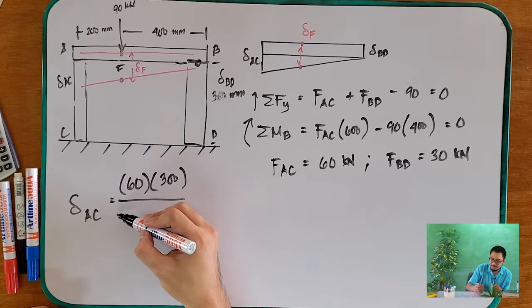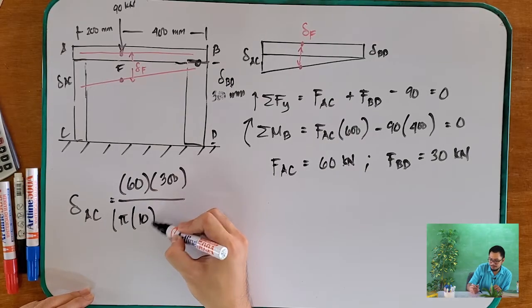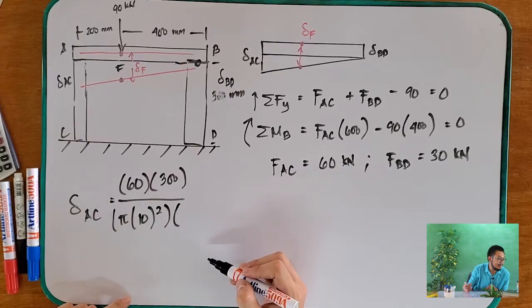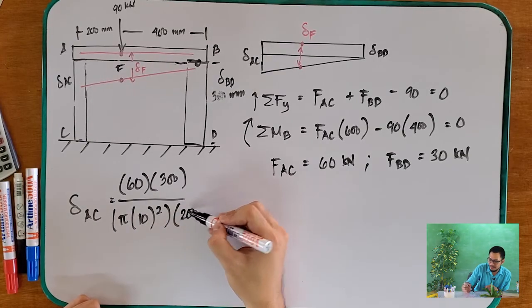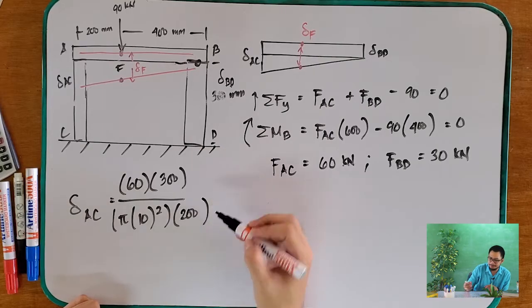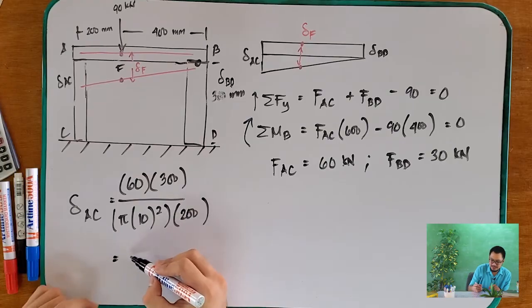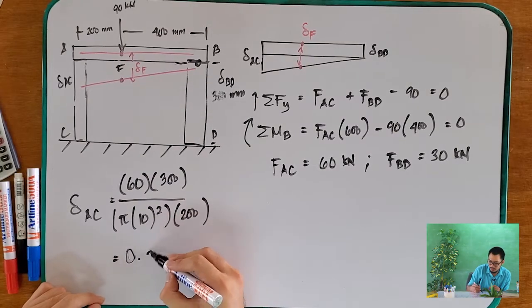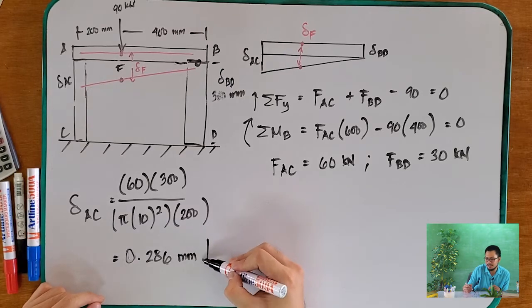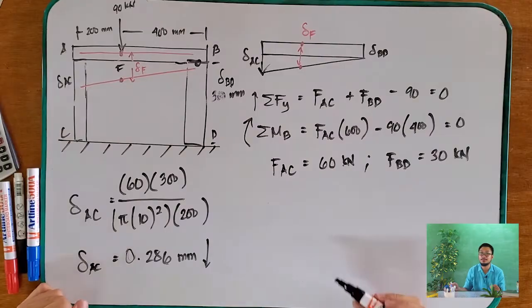So, pi times 20 millimeters diameter, 10 radius squared. Modulus of elasticity of your steel is 200 gigapascals, which is kilonewton per millimeter squared. Okay. So, how much is this? This is 0.286 millimeters. So, your deformation is going down in your AC, which is obvious because it goes down.